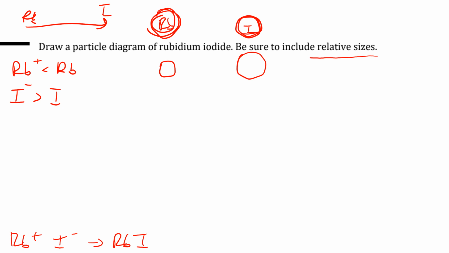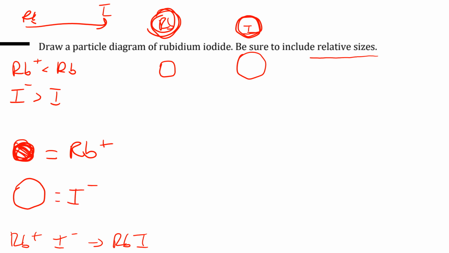Then we have to make sure that we keep these consistent. So let's say rubidium is going to be shaded in like this, and then iodide is not going to be shaded.